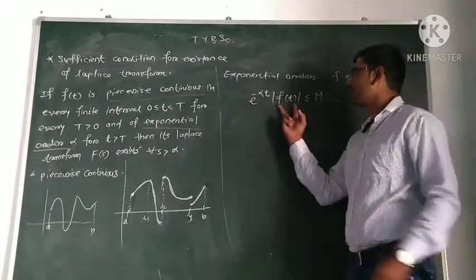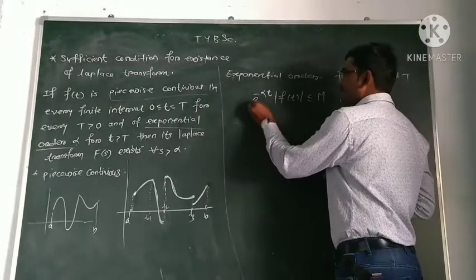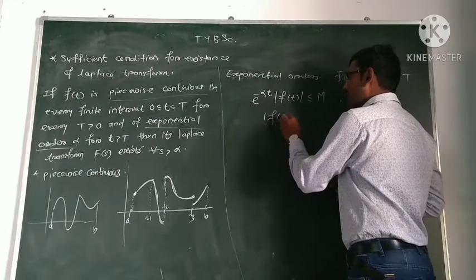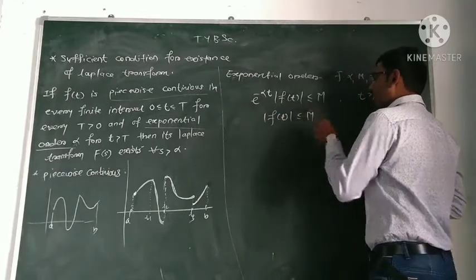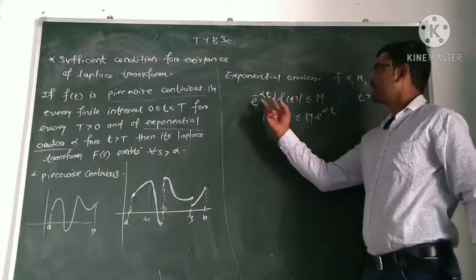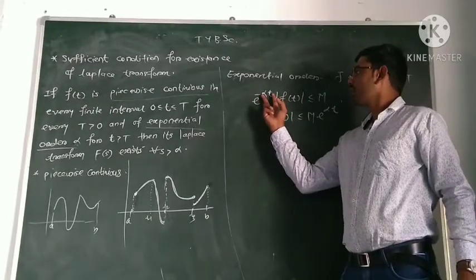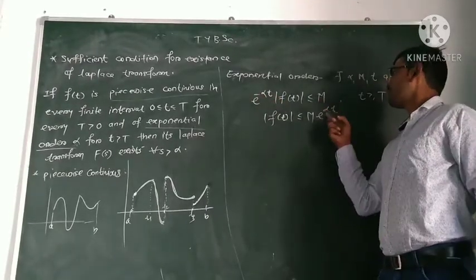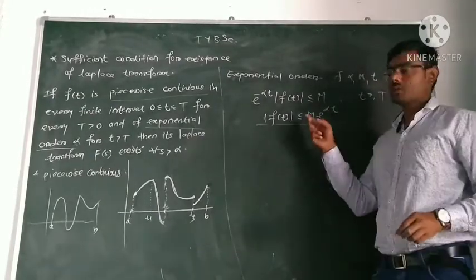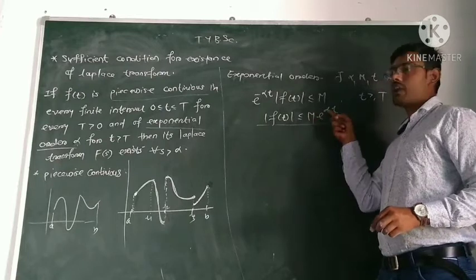This condition can also be written by transferring e raised to minus alpha t to this side. So we get mod of f of t is less than or equal to M into e raised to power alpha t, because e raised to minus alpha t, when it goes to this side, becomes e raised to power alpha t. This is also a condition for a function to be of exponential order alpha.